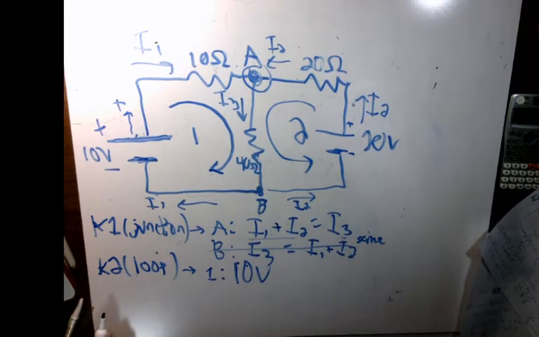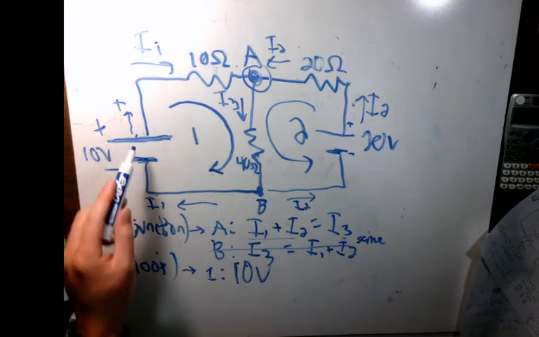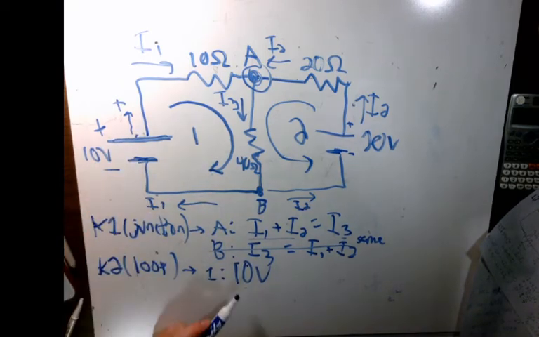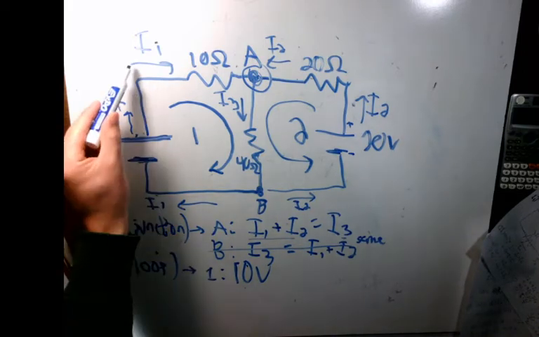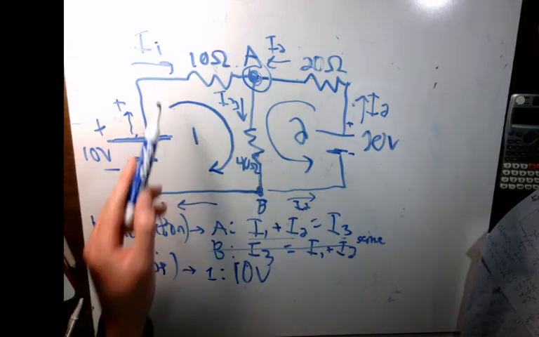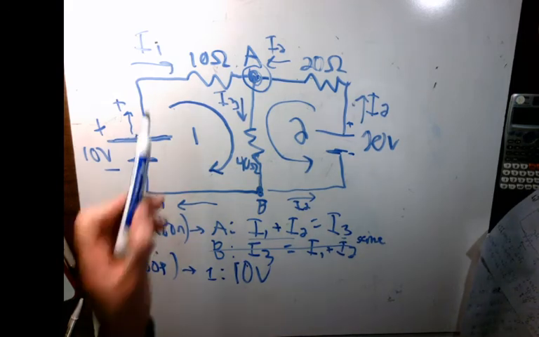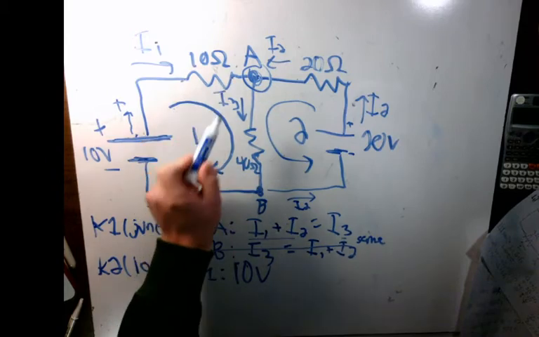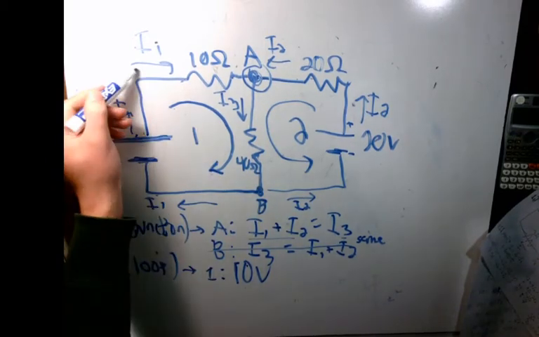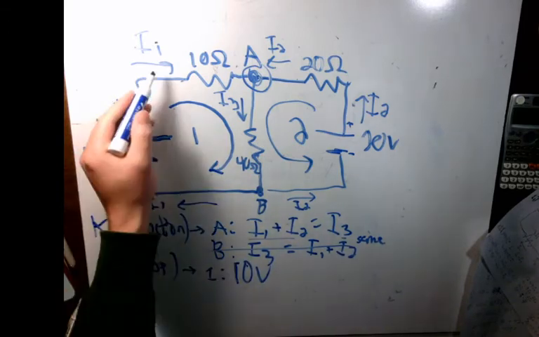So if it is in the expected direction as shown by your cell, keep it positive, right? And very similarly, if your current is in the same direction as this loop across a resistor, it's going to do what would be expected, which is going to have a voltage drop across a resistor. So since the current is in the same direction as this loop, we have a voltage drop.